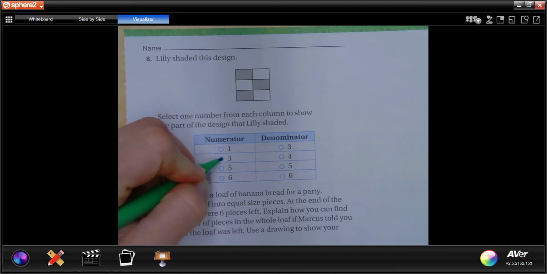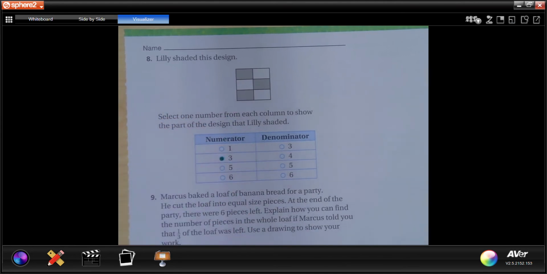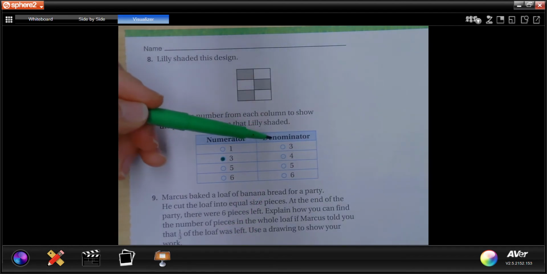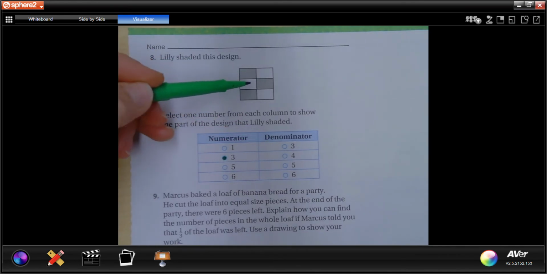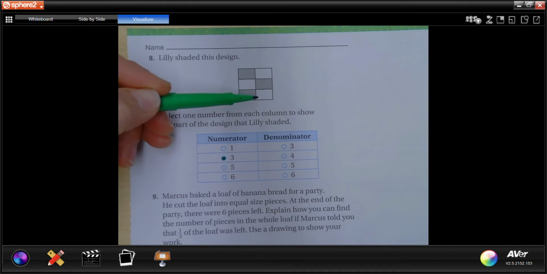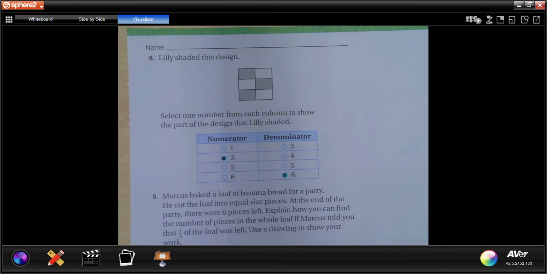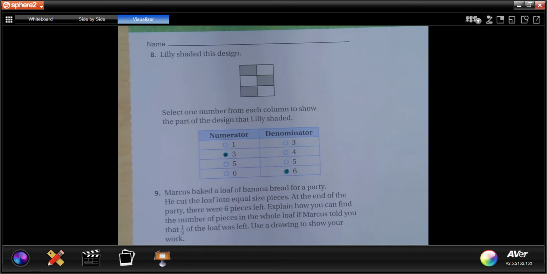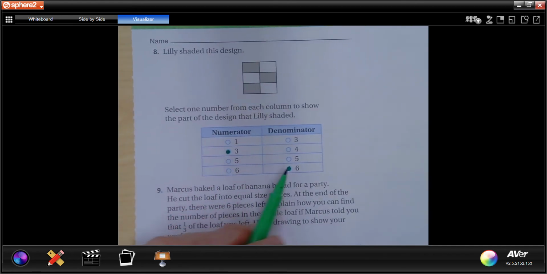The denominator is the amount of parts in the whole as a total. So the denominator is the total number of parts. 1, 2, 3, 4, 5, 6. So Lily shaded 3/6.